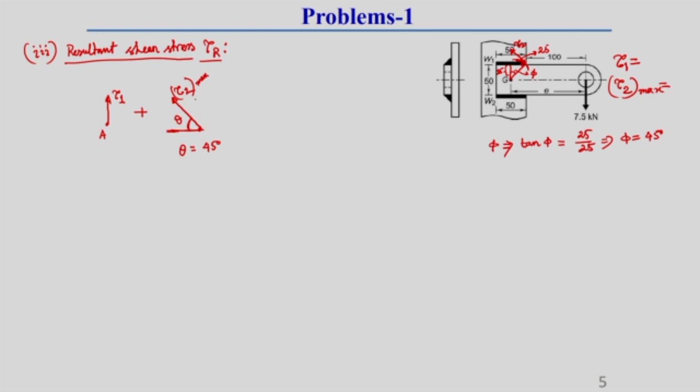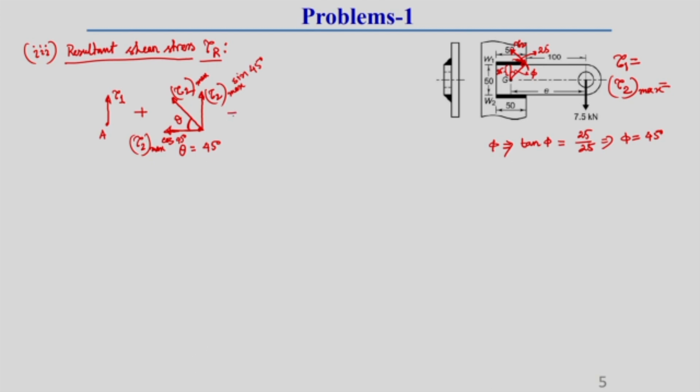So, once I divide this tau 2 max, in vertical direction here this component will be tau 2 max sin 45 degree, and this component of this tau 2 max will be the horizontal component, this will be tau 2 max cos 45 degree. This is very simple.